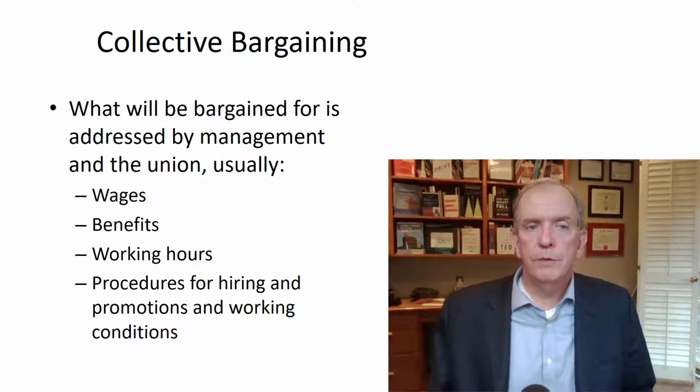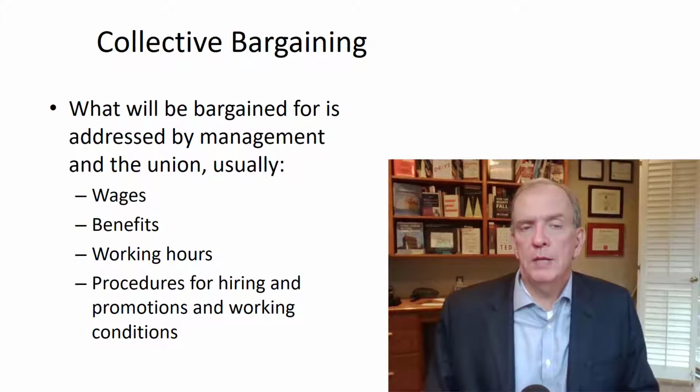What will be bargained for? These are some examples that are typical: wages, benefits, working hours, procedures for hiring, promotion, working conditions. It depends what's going on, what the balance of power is. In boom times, wages and benefits become very popular.